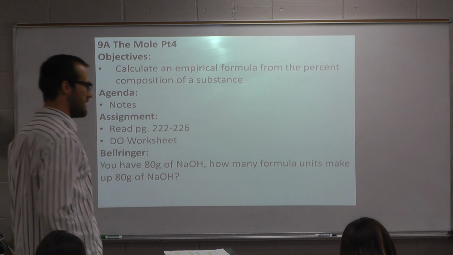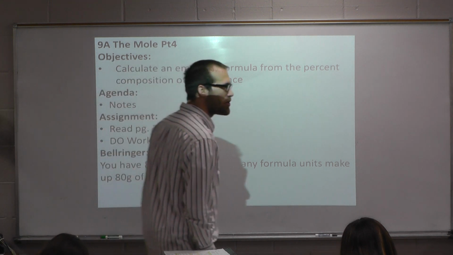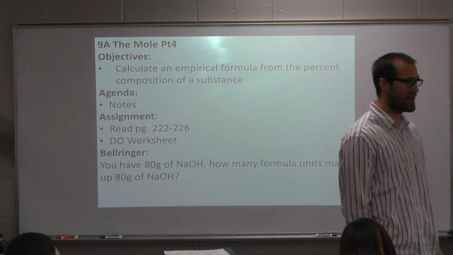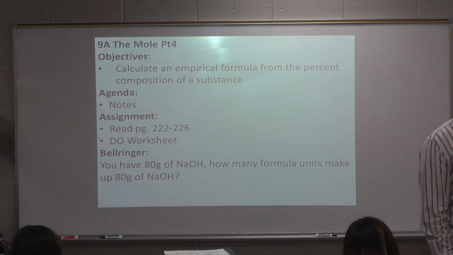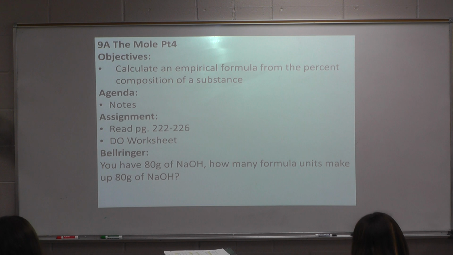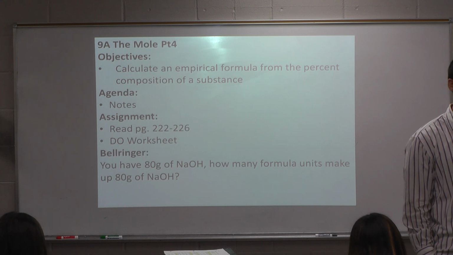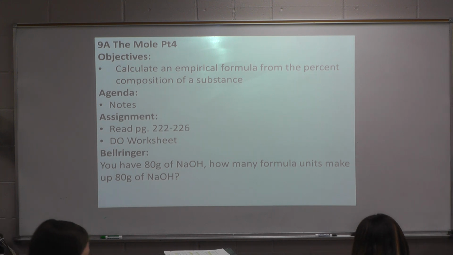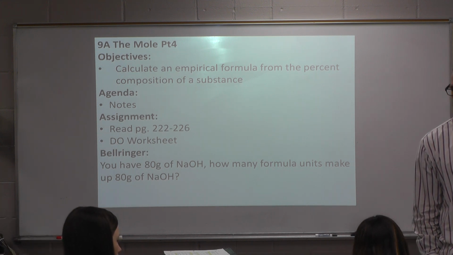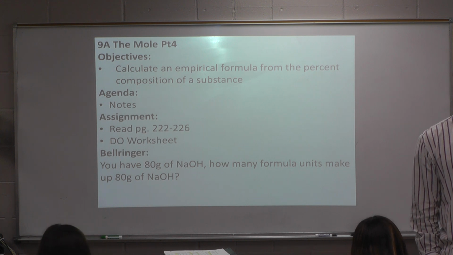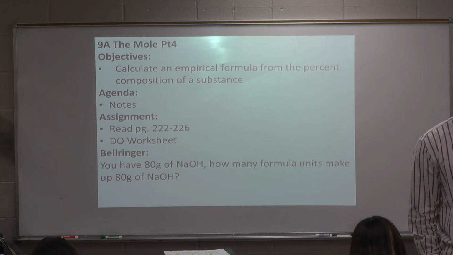Well, a lot of times in a lab, you'll be dealing with some unknown substance. You have no idea what the substance is. However, you can put it into some high-level technology, and you can break it down and figure out exactly how much mass of each element it has in it. But you're going to have to do some work to figure out what the compound is.